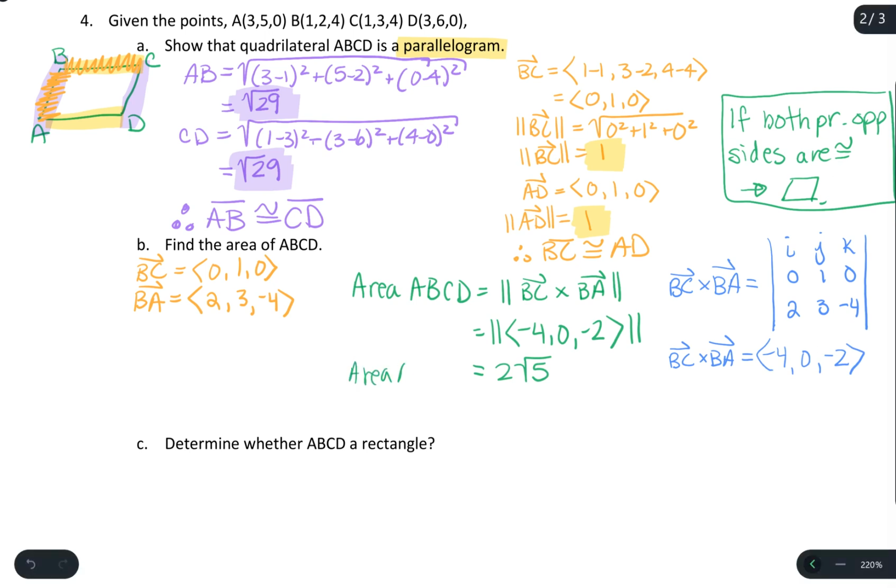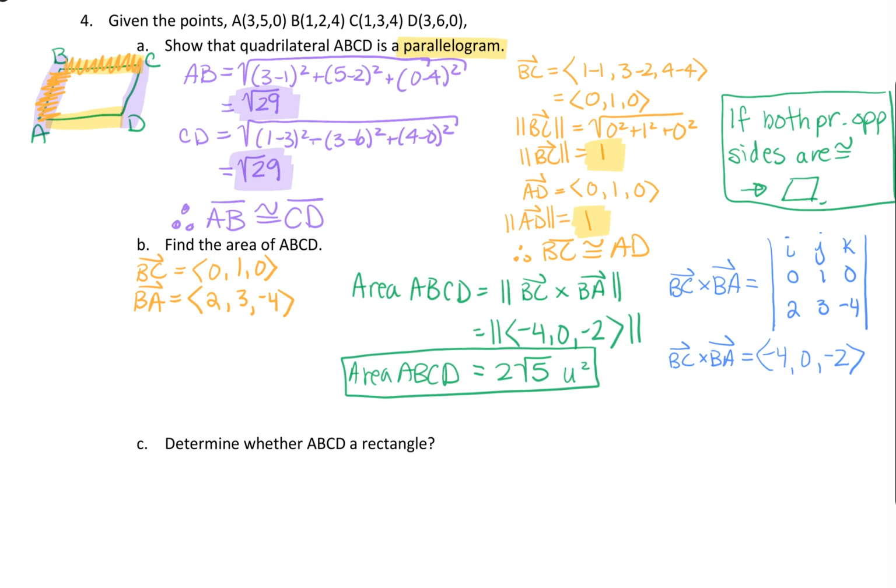So the area of A, B, C, D then is 2 square root of 5 units squared. Don't forget to put units, even though there's no specific unit like centimeters, feet, meters, things like that. Still put units squared so that you're showing that you understand that area units are squared units.